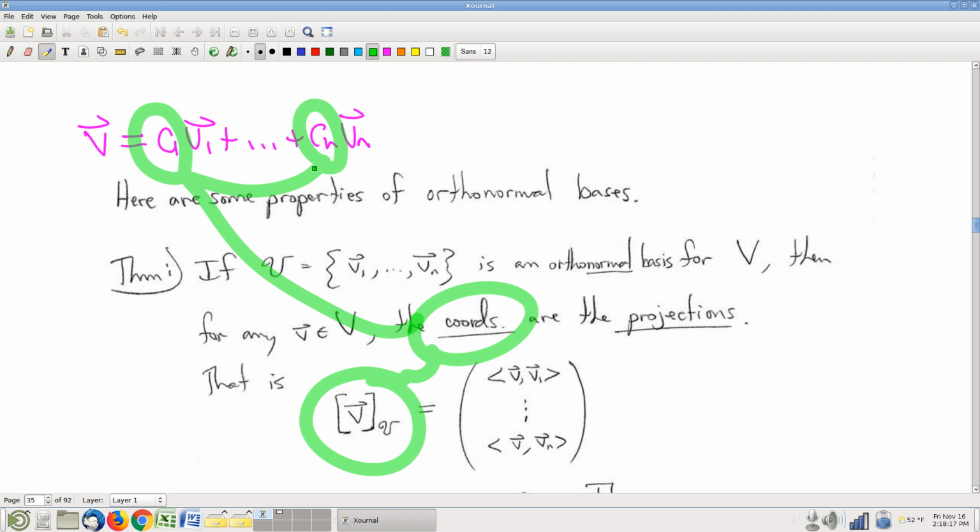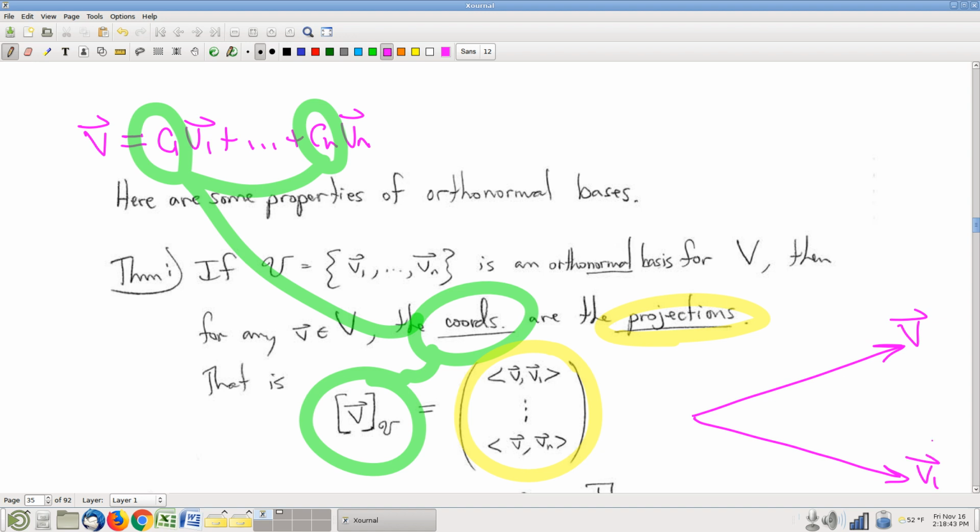Okay, what are projections? I'm making the assertion that coordinates are equal to projections. Projections are, just think back to Math 212, it's like components. So, given a vector V, if that's V here, and let's suppose that my V1 is like that.